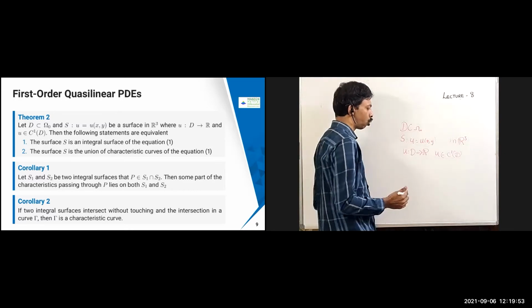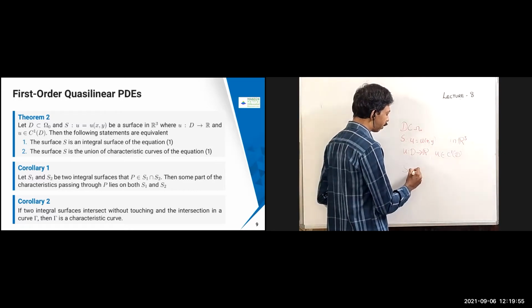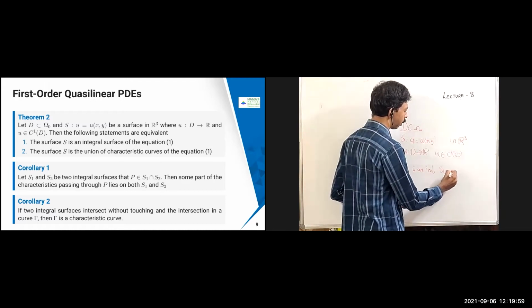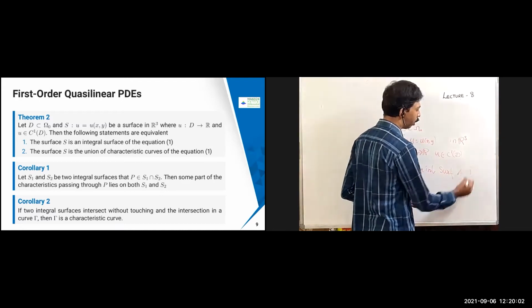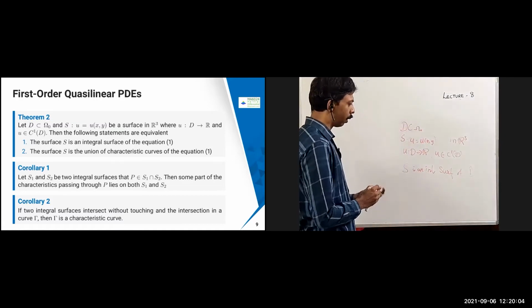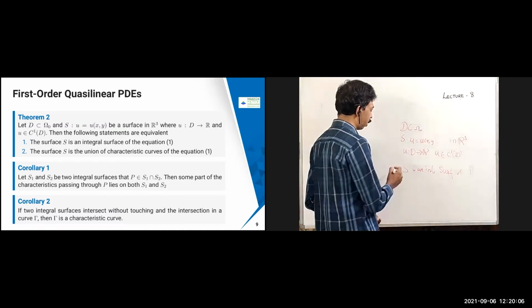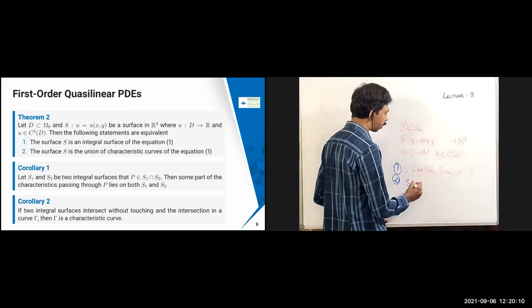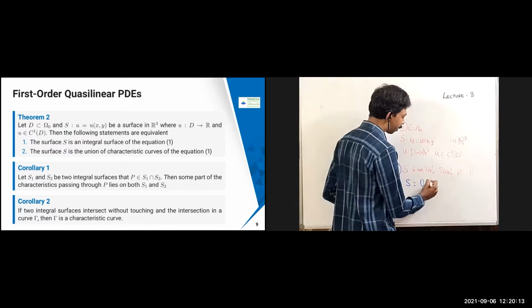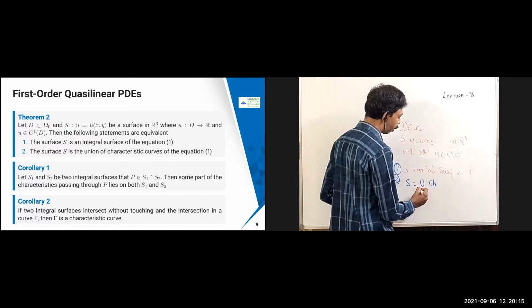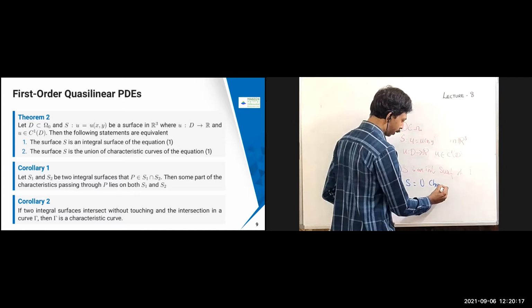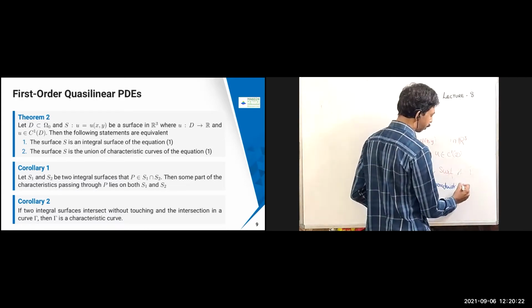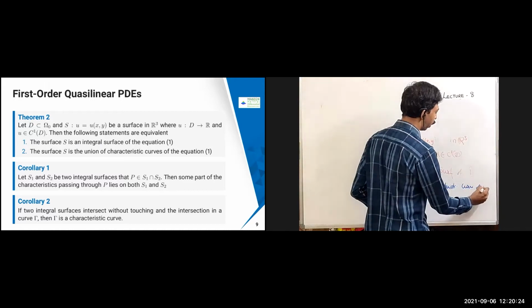What are the following two statements? Statement number 1: S is an integral surface of equation 1. Statement number 2: the surface S is a union of characteristic curves of equation 1.